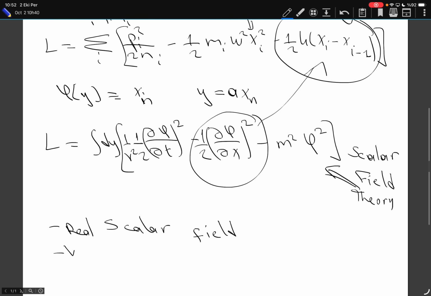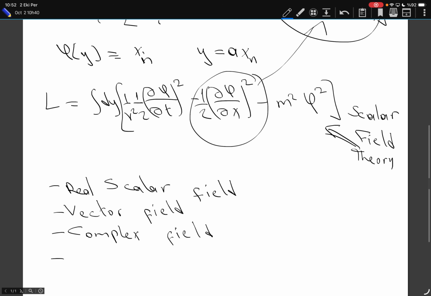We can have vector fields where the thing that is oscillating is the direction and the magnitude of the vector. We can have complex fields, complex vector fields, complex scalar fields. We can have even spinor fields.